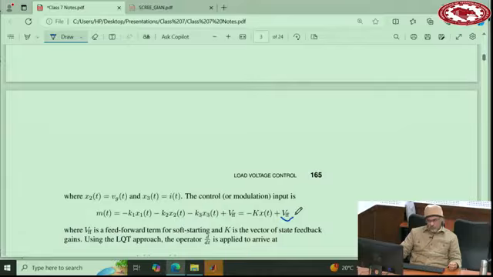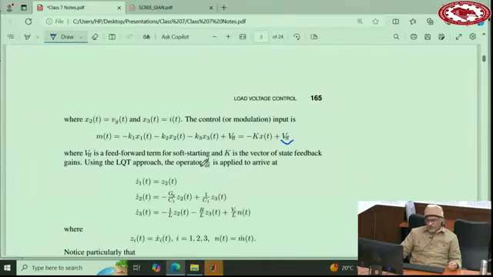The way to remove them is to apply this d over dt operator to both sides of the state space equations. If you apply this to the state space equations, you will get these three.